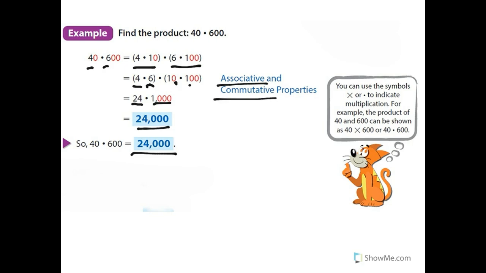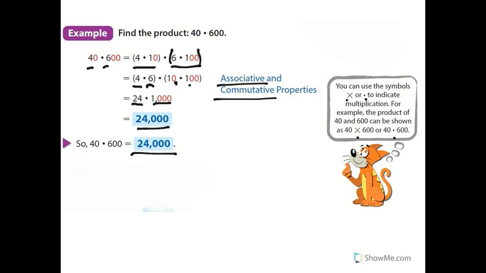Because remember, the associative property means you can put parentheses and it doesn't change the value, and the commutative property means you can move things around and it doesn't change the value. And our cat here says you can use the symbols X or dot to indicate multiplication. For example, the product of 40 and 600 can be shown as 40 times 600 or 40 dot 600. Both of those, and we've seen this in our reviews, indicate multiplication.